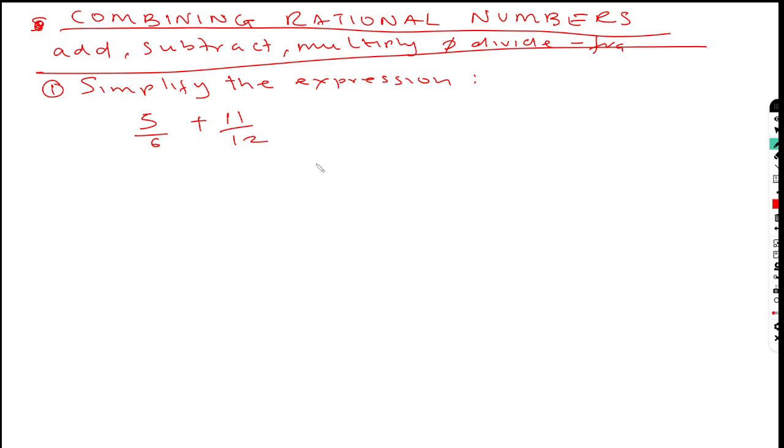Cool. So you cannot, I say again, you cannot add or subtract rational numbers unless they share a common denominator. Okay, notice that this one doesn't match. But for you to do anything on this, it has to have a shared denominator.